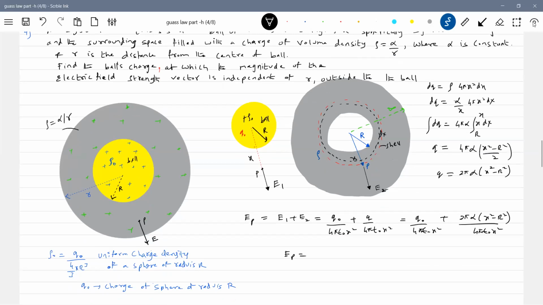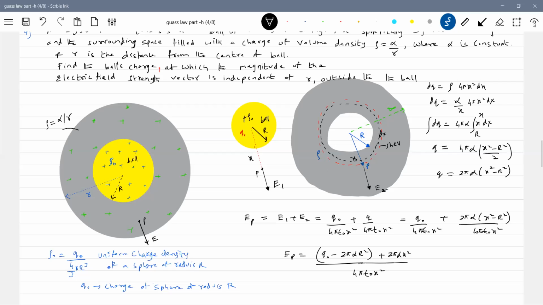Let me further simplify. Q naught minus 2 pi alpha r square. When will E be constant?